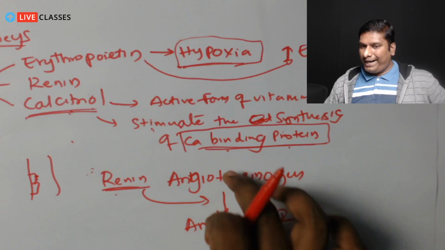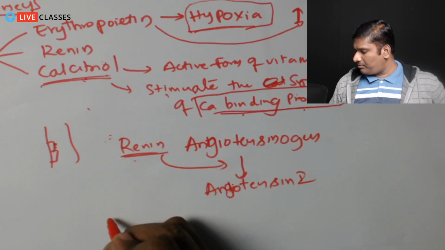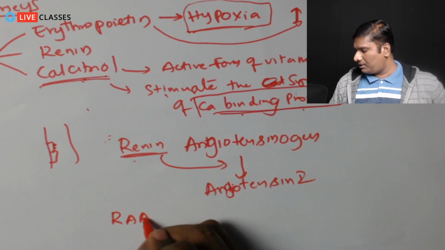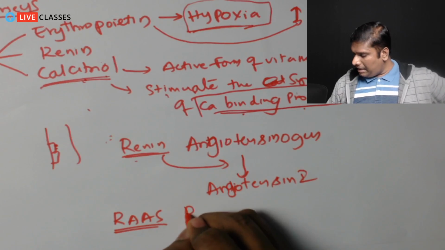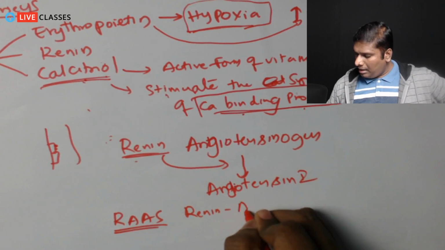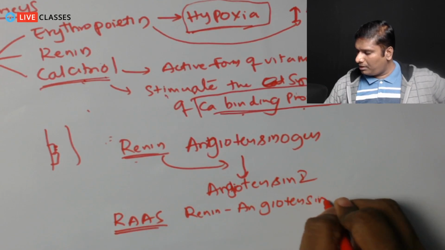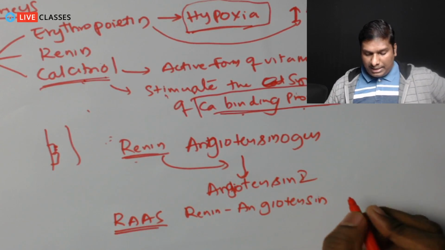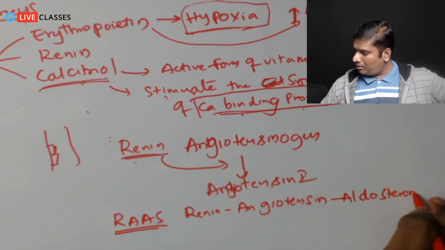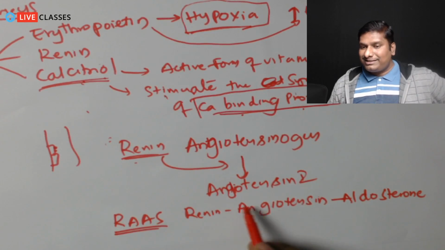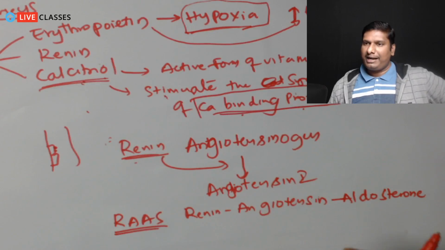Now why do we need this? We need this because there is a system called the RAS system, which is renin, angiotensin, aldosterone. These three things control your arterial pressure and cardiac output.